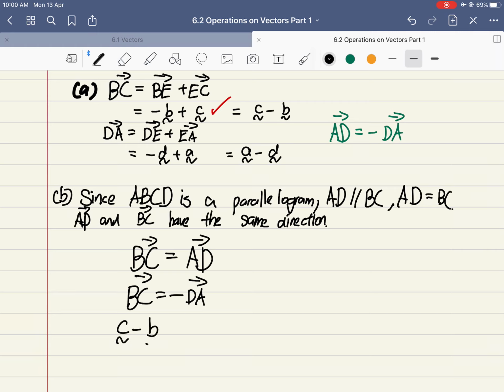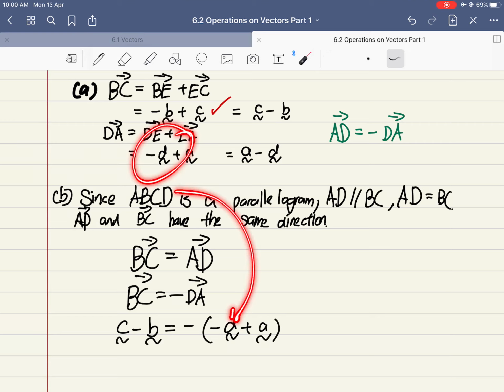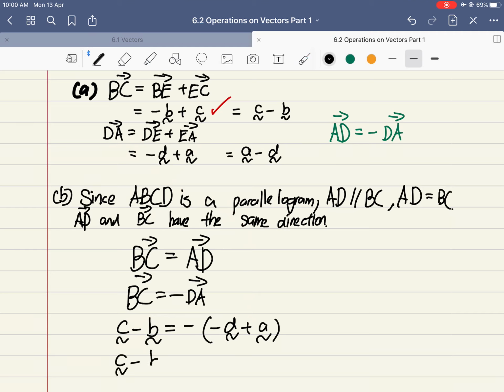So I have BC is equal to vector C minus vector B, and negative of DA is down here, or you can use this also, it's the same thing, equal to negative D plus A. So I'm just transplanting this downwards. I just resolve the brackets.